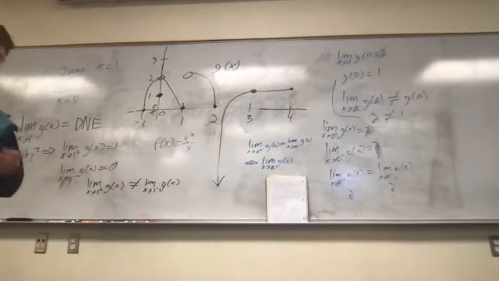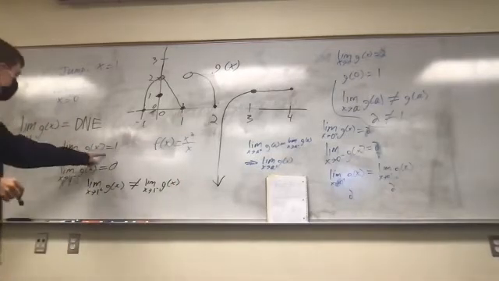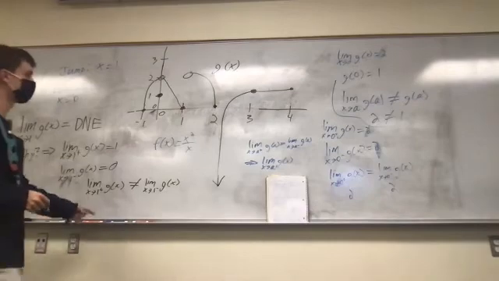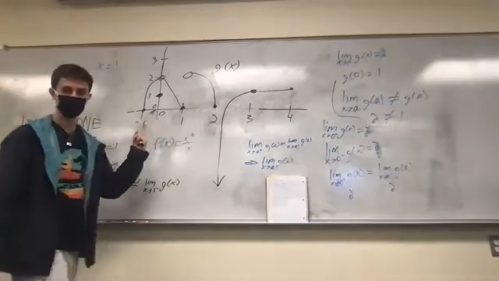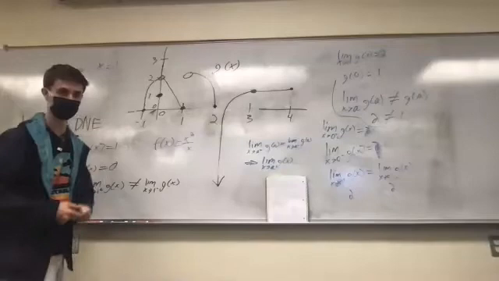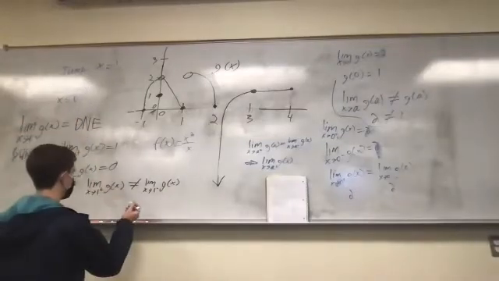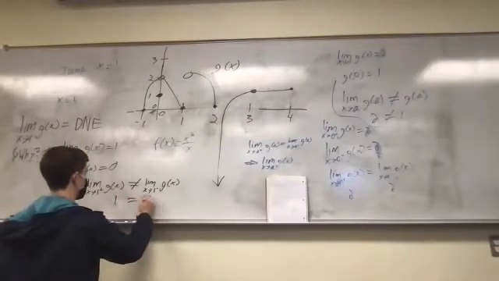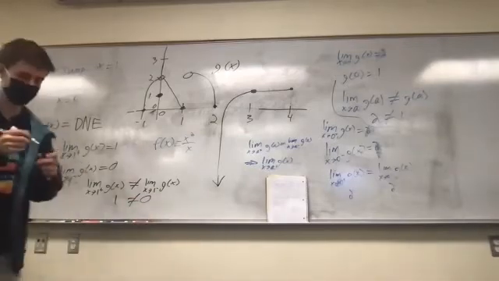Right? So you can see here that the limit of g of x as it goes from the right is different from when it comes from the left. So, I mean, we can plug these values in. Clearly, 1 is not equal to 0.